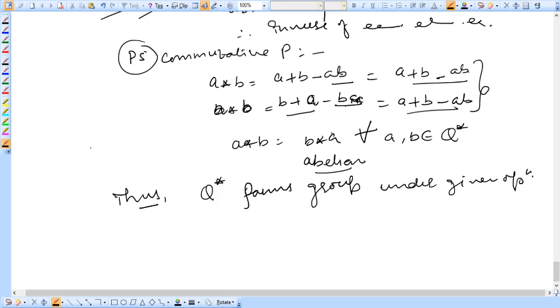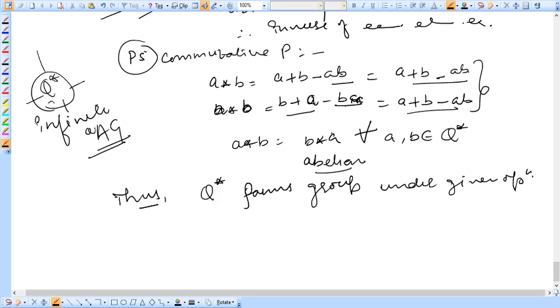It is an infinite abelian group, because the number of elements in Q star is infinite, it contains infinitely many elements, therefore we call it an infinite group. Because if this set contained a finite number of elements, then we would have called it a finite abelian group, right? So this is it.